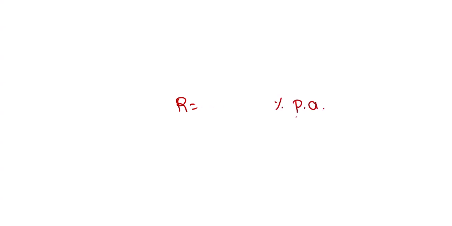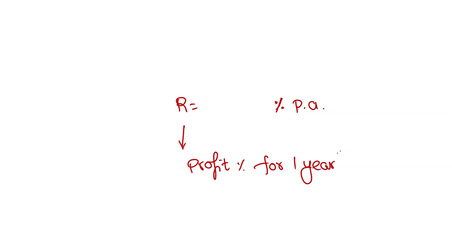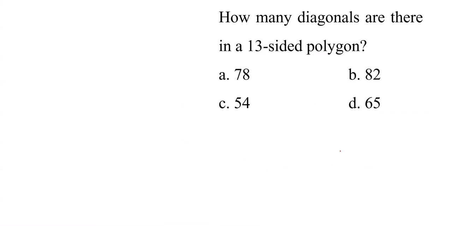PA means per annum: in 1 year, how much percentage is increasing. Simply, I can say rate of interest is profit percent in 1 year. Interest always gives profit and increases the amount.